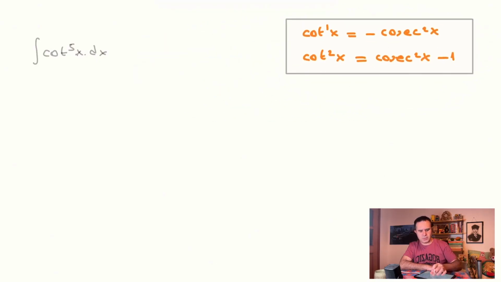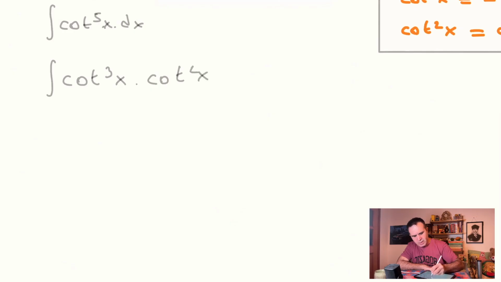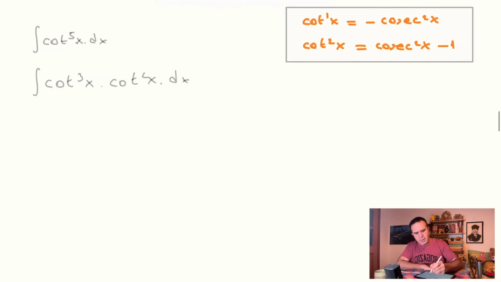They are important. And to solve this integral, we will use the reduction method. Reduction means to lower the exponent here. The cotangent to the power of 5x can be written as cotangent cube x times cotangent square of x dx. We know that cotangent square of x is equal to cosecant square of x minus 1, so instead of cotangent square of x, we rewrite it as cosecant square of x minus 1.